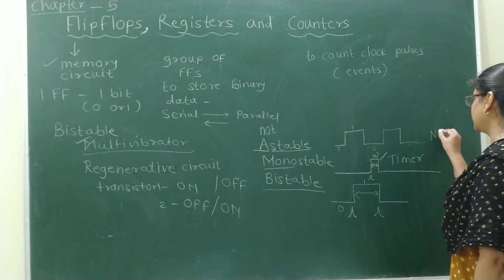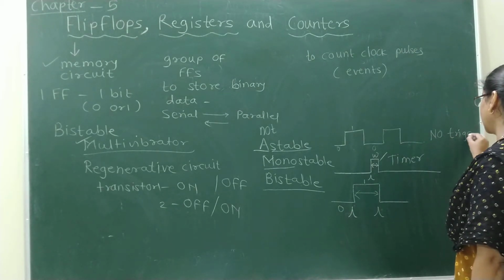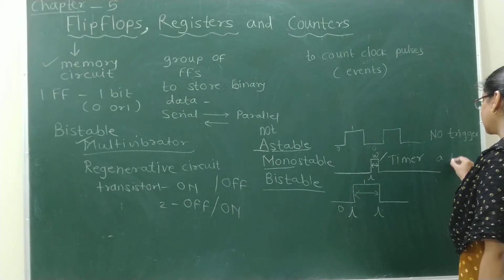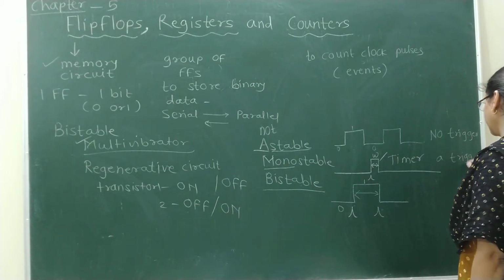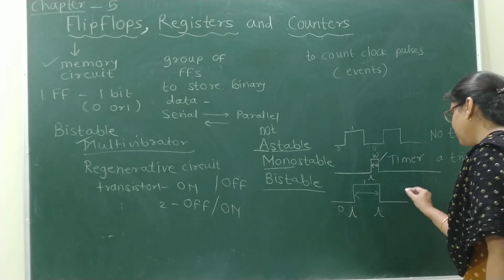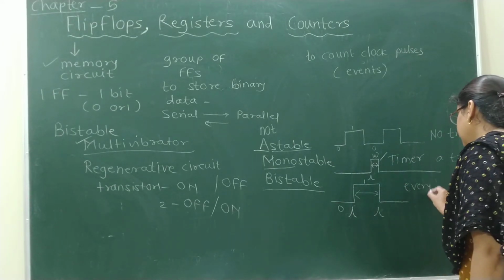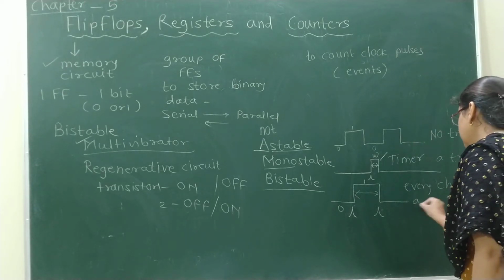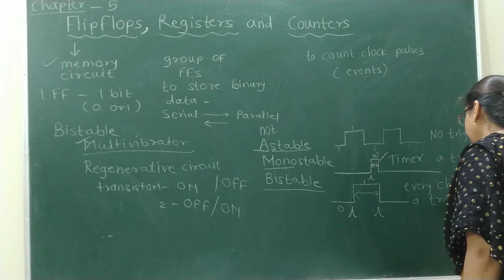For an astable multivibrator, no trigger is required, but in case of monostable, it needs a trigger to change its output, and in case of a bistable multivibrator, for every change it needs a separate trigger. For every change a trigger is required.